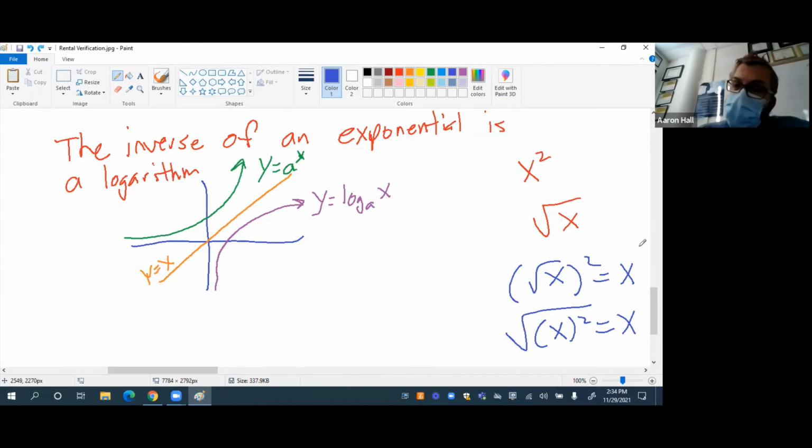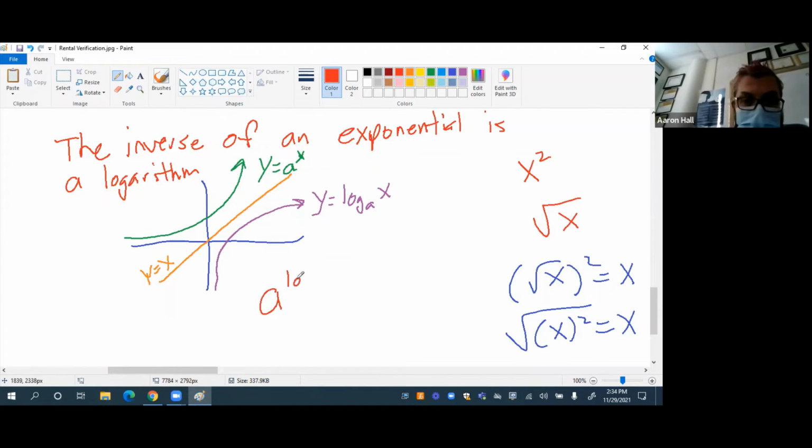So following this line of reasoning where inverses undo each other, if I take this value here and I plug it into here, then what should I get? X. So if I have a to the power of log base a of x, this literally became the exponent.